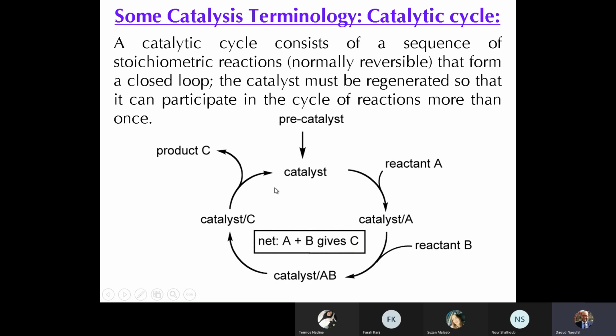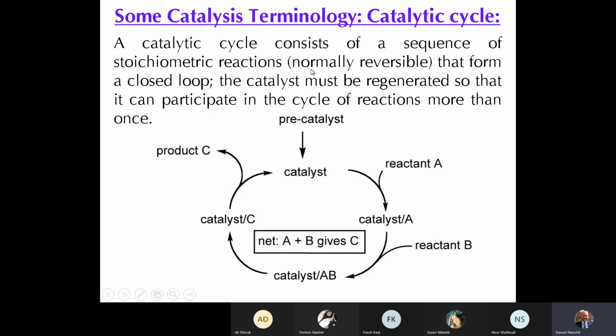So the most important thing is to draw the catalytic cycle. A catalytic cycle consists of a sequence of stoichiometric reactions, normally reversible. We studied that the opposite of oxidative addition is reductive elimination. The opposite of ligand addition is ligand dissociation.